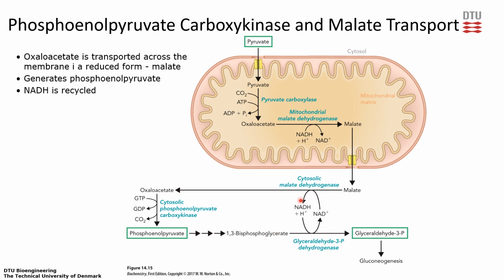And here one can observe that there could be called upon, at least for gluconeogenesis, an NADH cycle, so that the NADH that is generated here from the malate dehydrogenase is reused here in the glyceraldehyde 3-phosphate dehydrogenase that we'll come into later. But now we are more focusing on the phosphoenolpyruvate, and that's where we are right now with these steps.